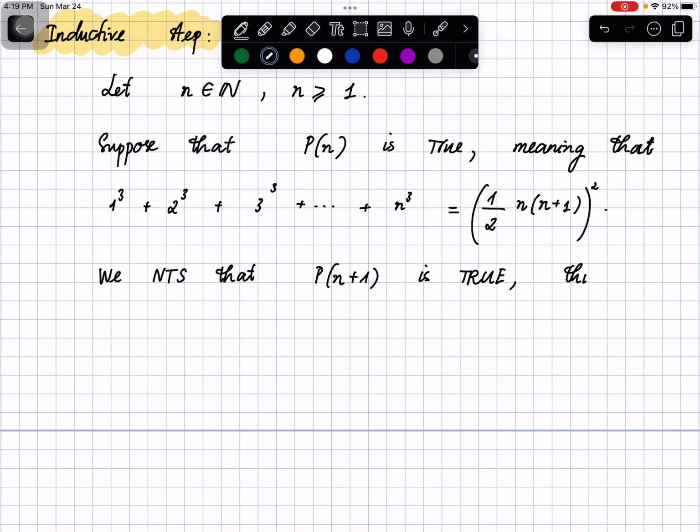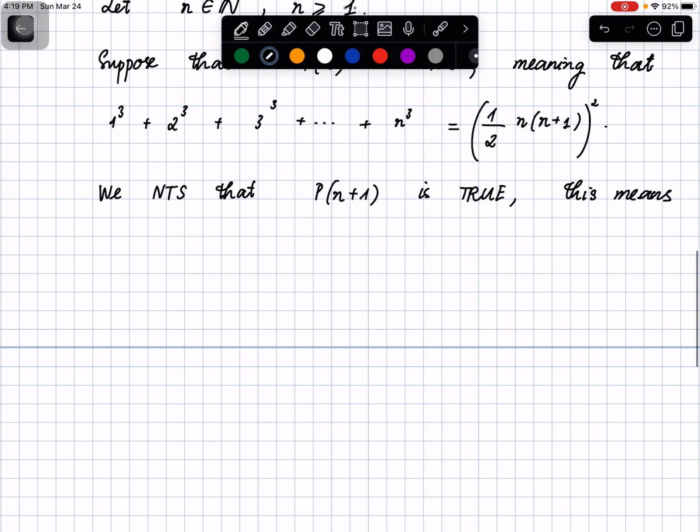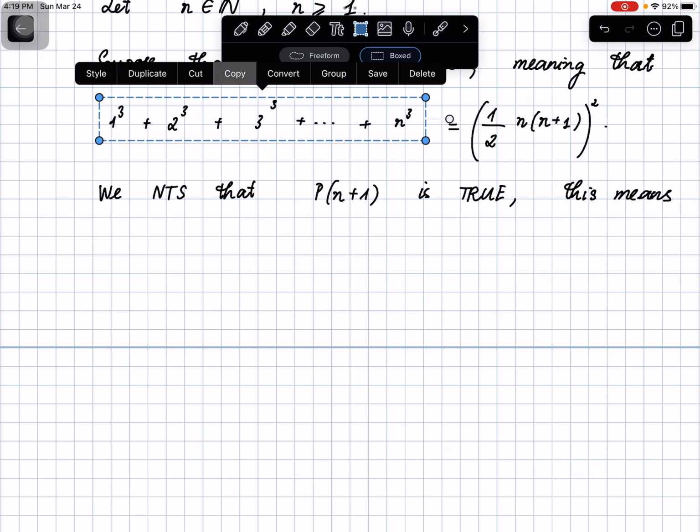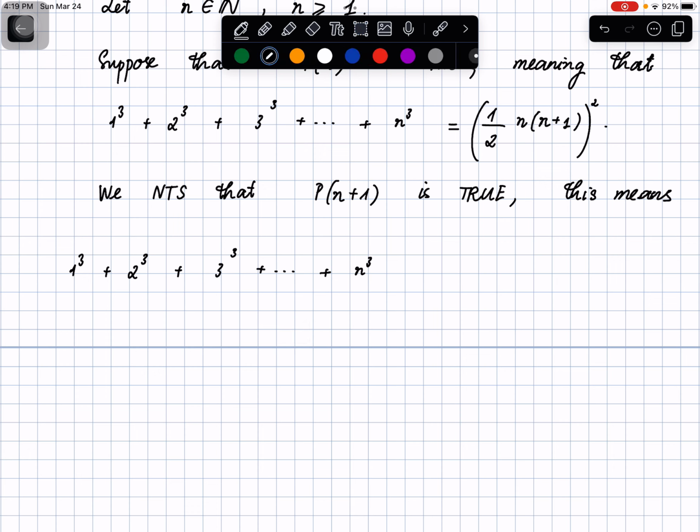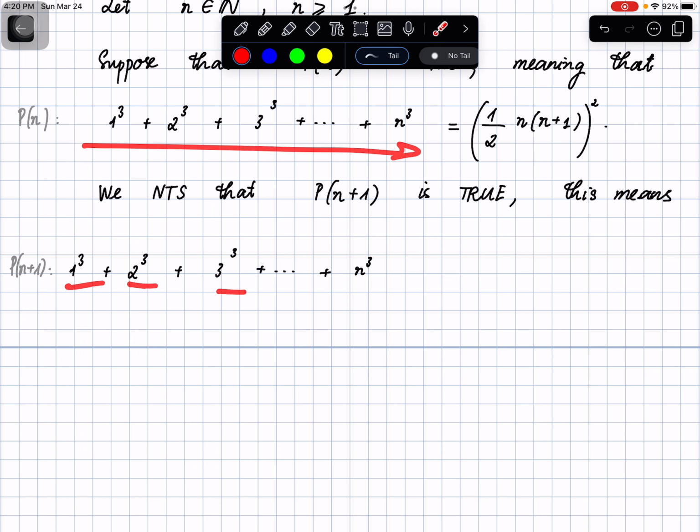P of n plus 1 means that we go until n plus 1. So this is p of n, and p of n plus 1 is this statement. We go until n plus 1, so 1, 2, 3, up to n plus 1.